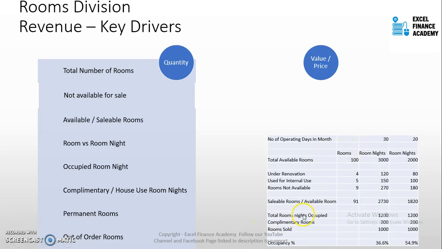Now the total rooms occupied by guests are 1,200 and 1,200. Complimentary rooms are 200, and rooms sold are 1,000. So the occupancy percentage calculated is 36.6%, which is 1,000 divided by 2,730. And in this case, it will be 1,000 divided by 1,820, which is 54.9%.